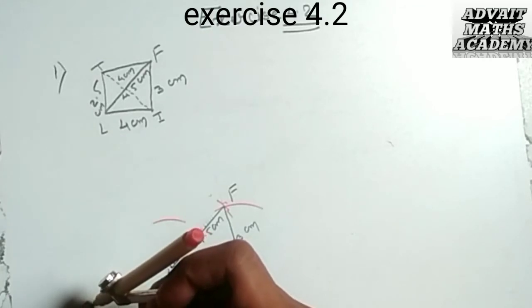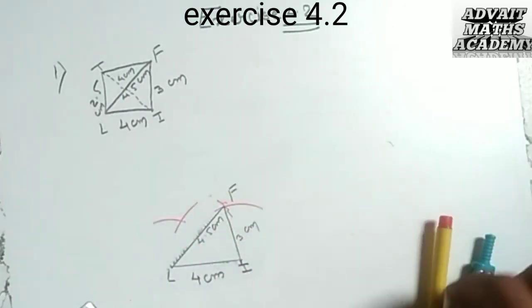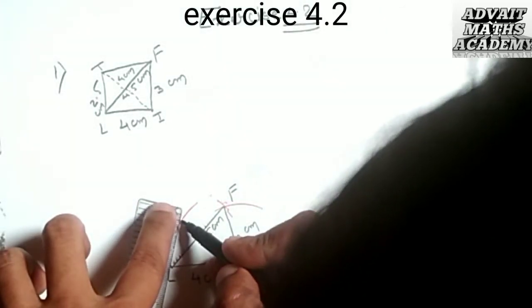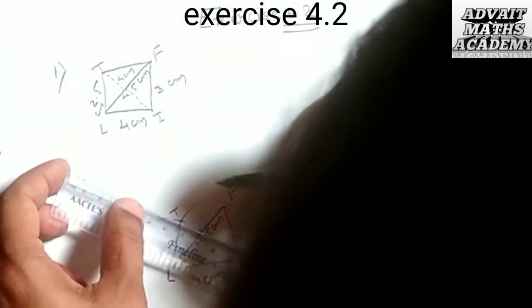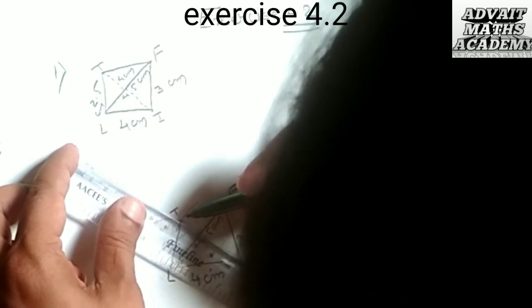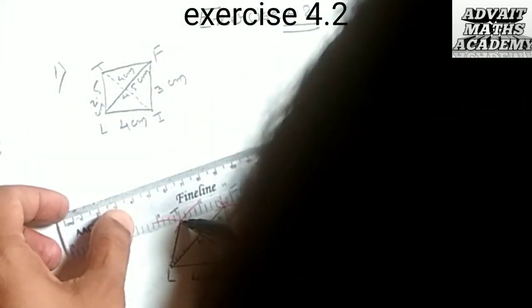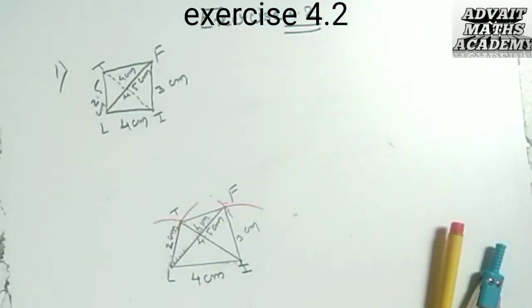Take a distance in your compass and make arc from T. This point is T. Join with the help of ruler. Write 2 centimeter and this is 4 centimeter. See, this is the main figure.